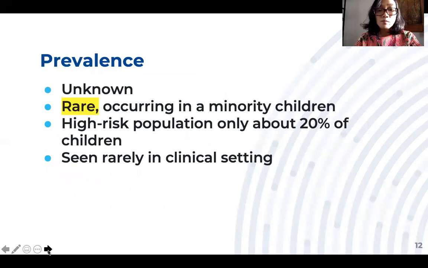It occurs in a minority of children; even those who have been severely neglected, placed in foster care, or raised in an institution rarely develop this kind of disorder. The prevalence in high-risk populations is only about 20% of high-risk children, and it's seen rarely in clinical settings.